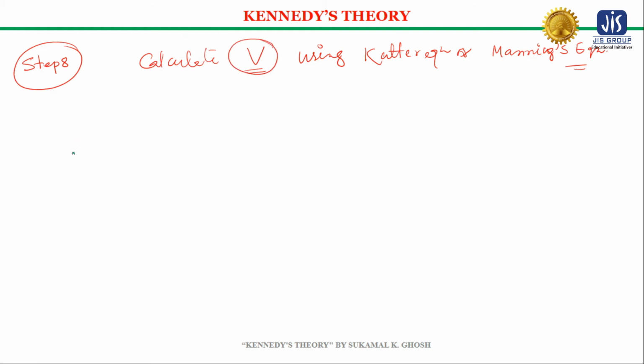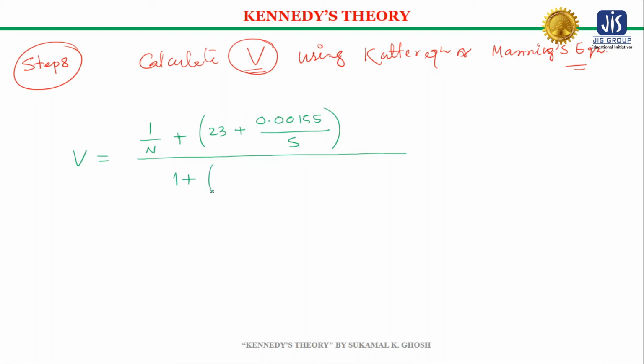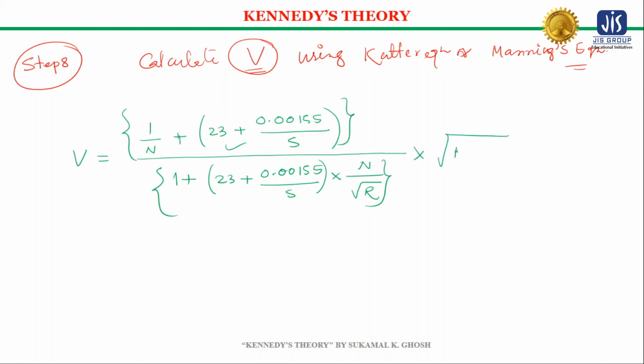So what is Kutter's equation? V is equal to 1 divided by N, that is Kutter's rugosity coefficient, plus 23 plus 0.00155 divided by S, that is slope, whole divided by 1 plus this same expression, that is 23 plus 0.00155 divided by S, into N, that is Kutter's rugosity coefficient, divided by the hydraulic mean radius, into root over hydraulic mean radius, that is R, into S, that is slope.